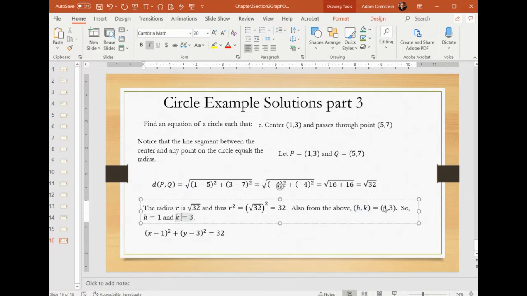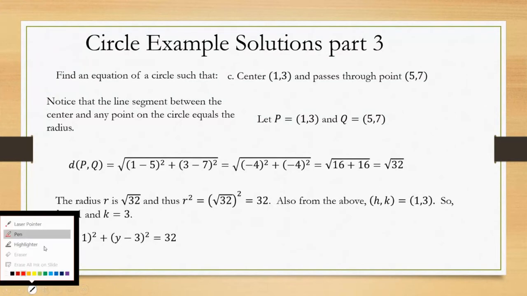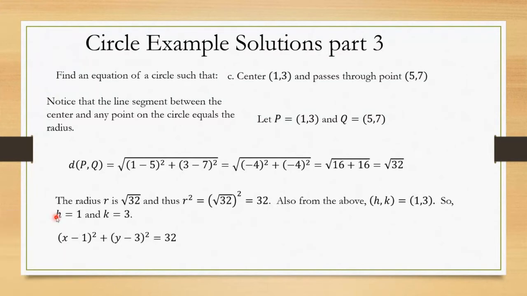So we have (h, k) here, as you can see, which is (1, 3). That's our center. So just like before, h would be 1, k would be 3, and the radius is the square root of 32. And when you square a square root, what happens? Well, the square root symbol essentially goes away. We saw that, I think, in section P6.